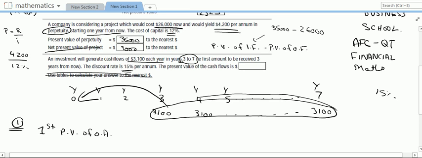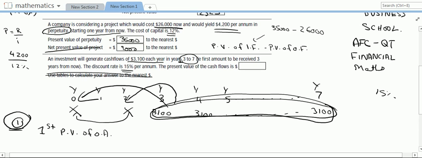This formula will bring all these cash flows to present value terms, and remember that present value of ordinary annuity formula brings these values 1 year back. So they will bring all values over here. But since you have to calculate year 0 values, you will then discount it normally for 2 years. So under first method, your first step will be to use present value of annuity, ordinary annuity, and then simple discounting.